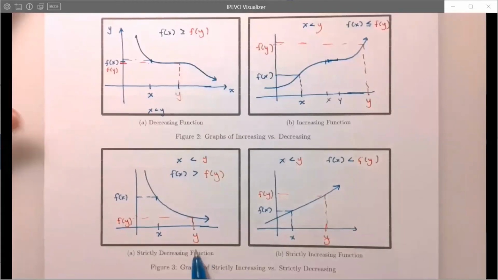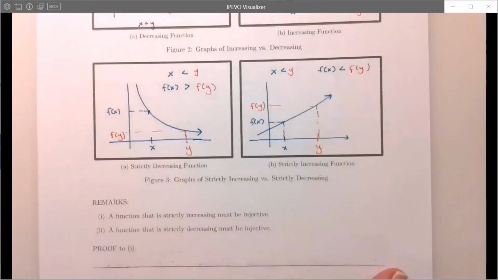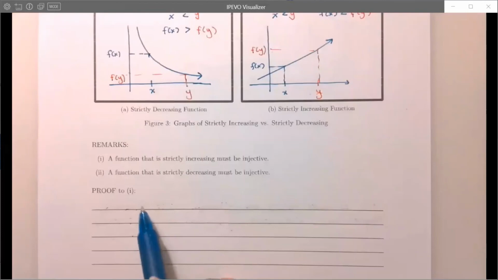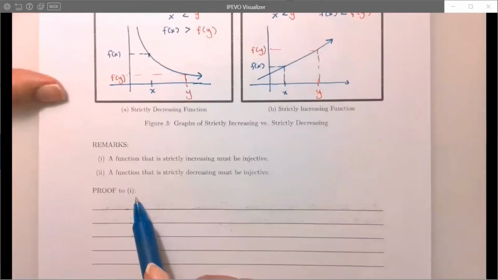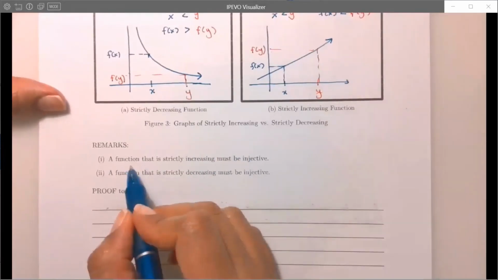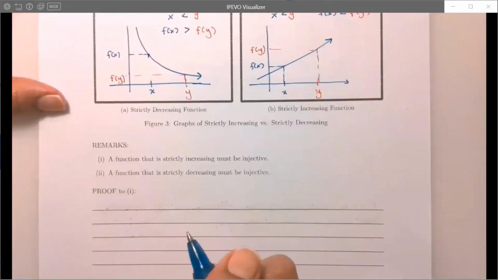So when you have one of these two situations, a strictly decreasing function or a strictly increasing function, what's going to be true is that the function will be injective. And those are the two remarks that are found lower on page 8. We're actually going to write the proof to part 1, by contradiction.